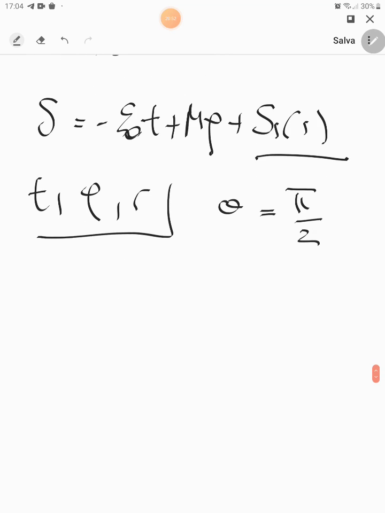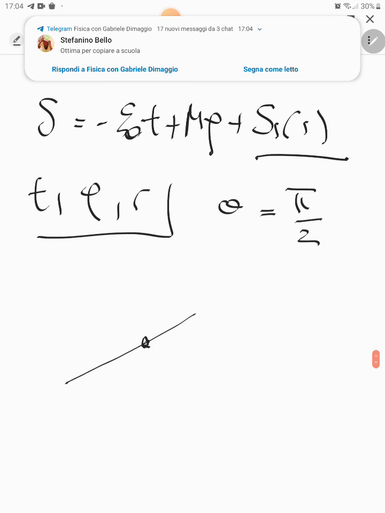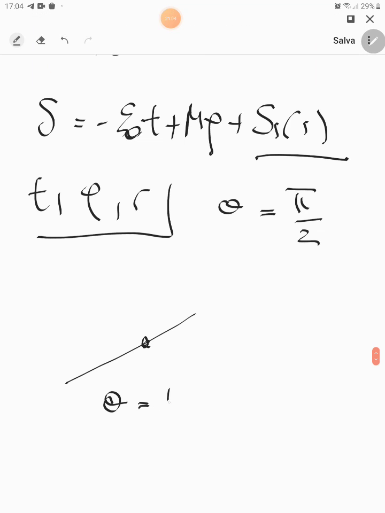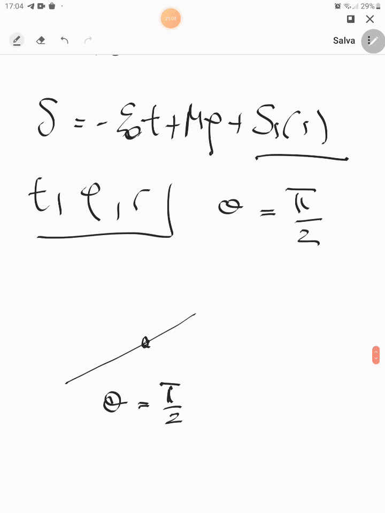I mean, we have the center of this gravitational field, and we have a plane, and we can choose the plane theta equal to pi over 2. So the term with theta is equal to 0, and we have just t, phi, and r.